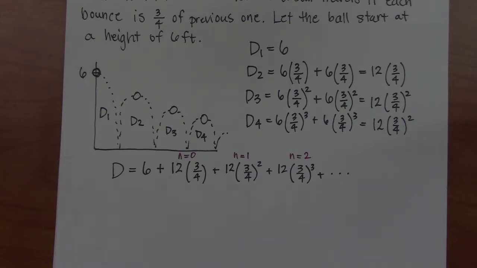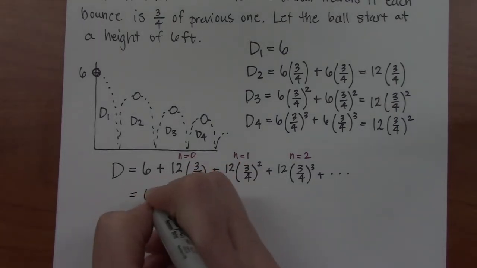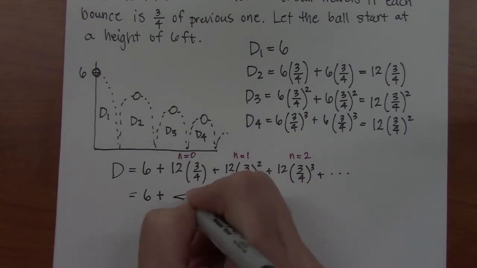So if you're looking at the exponents in each of these, what you see is that the exponent attached to 3/4 is 1 higher than the value n that we need, because the first thing in the geometric series should just come out to be 12. So if I want to write this as a series, right, we're going to leave the 6 on the outside.